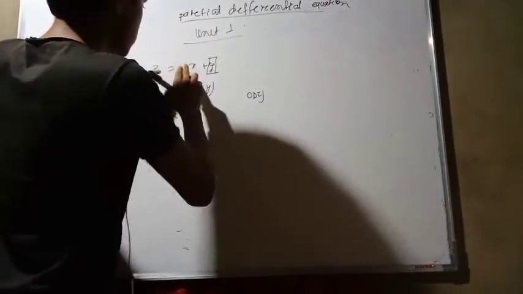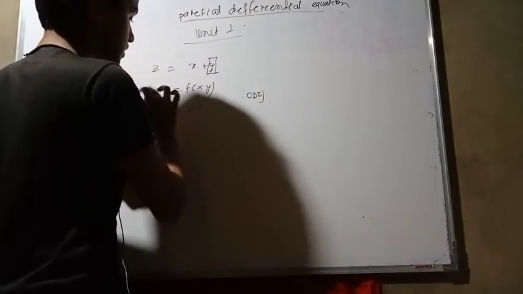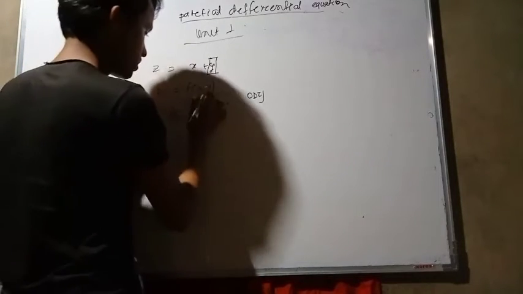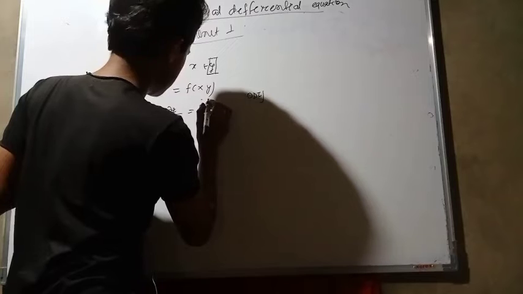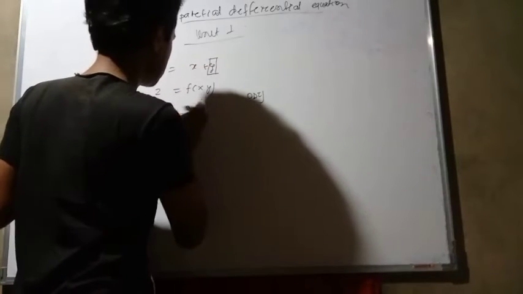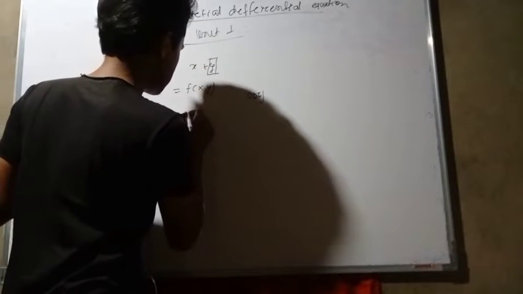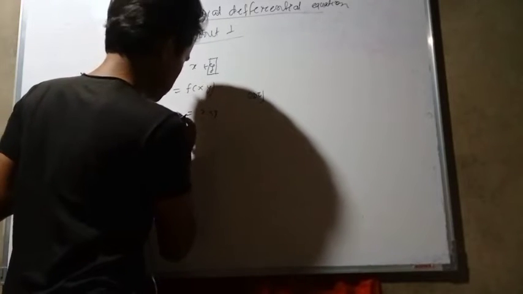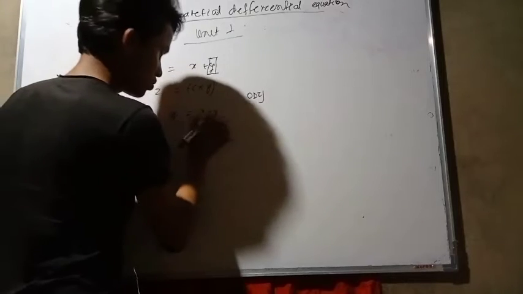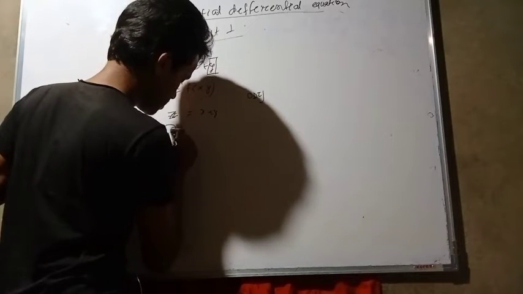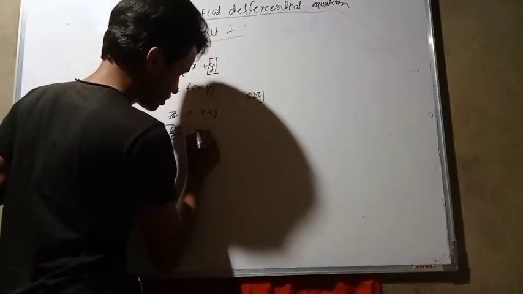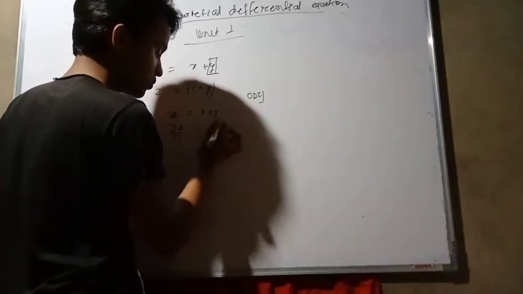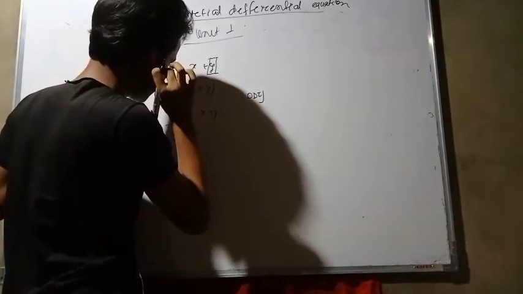When we differentiate a function, suppose z is a function of x and y, taking the example z equals x plus y. When we differentiate z with respect to x, the other variable is assumed to be a constant.